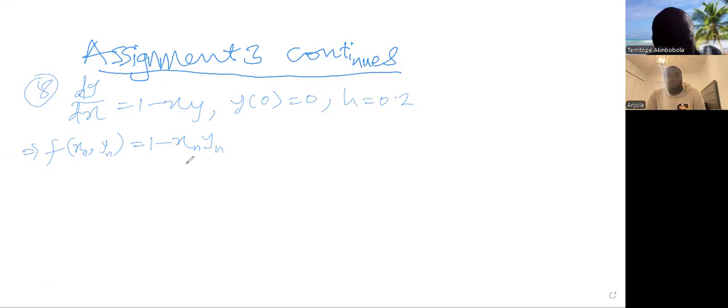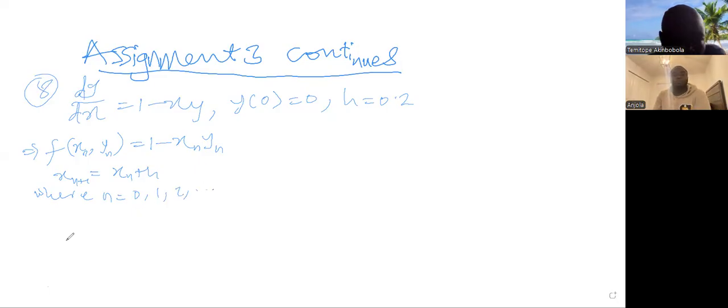Now, we have xn plus 1 equals xn plus h. So this will determine the iteration we are going to carry out. And of course, we'll say that n equals 0, 1, 2, 3, and so on. That's n. Now, Euler's formula, I think we were given in that question.